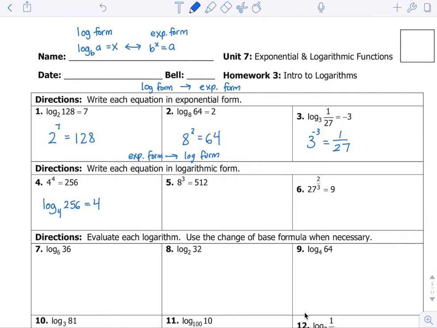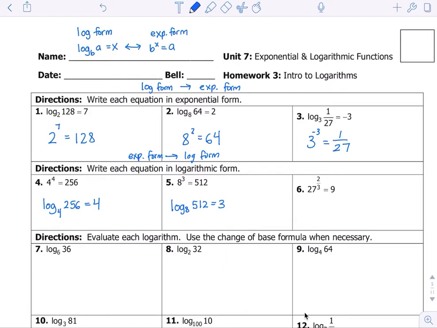Okay, so here's the base, which is this, and this is the base for the log form. So log base 8, and now we're going to put the argument, 512, is equal to the power, which is 3.